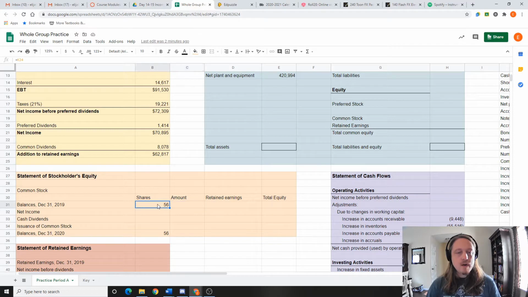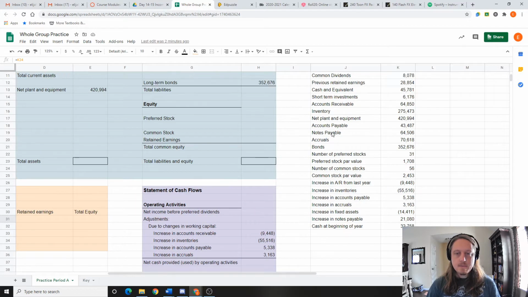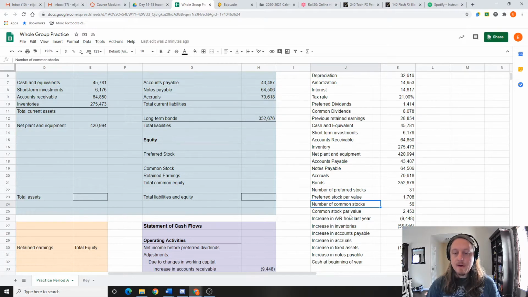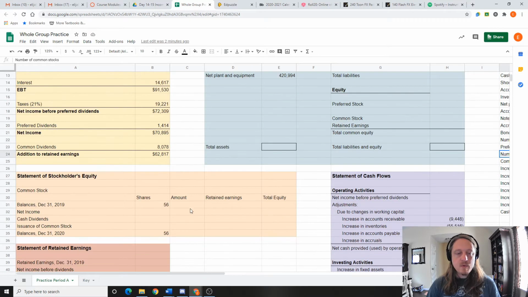So first of all, we know we have 56 shares of common stock. You can go over here and look at the given section. So not common dividends, number of common stocks. Common stocks is 56. And so this is where we got it from, and we have a par value of 2,453. That's important because this amount is how much these shares are worth, how much money is in our common stock account.